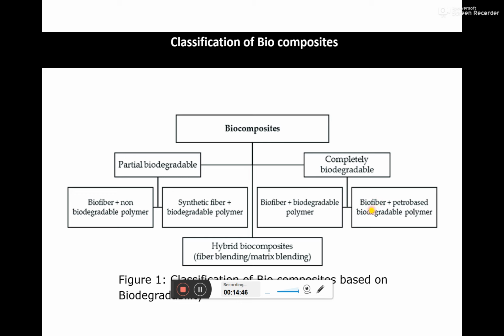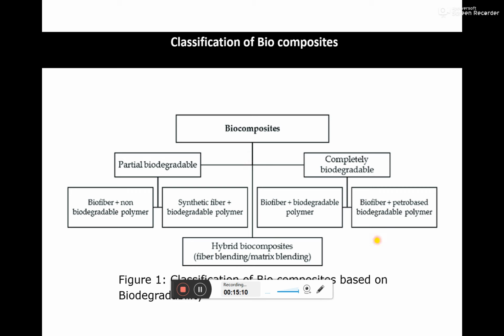In the second, the biofiber is the reinforcement and petro-based biodegradable polymers are used as the matrix material. These both, the matrix and reinforcement materials, are biodegradable materials only. And some other advanced materials are the hybrid biocomposites.